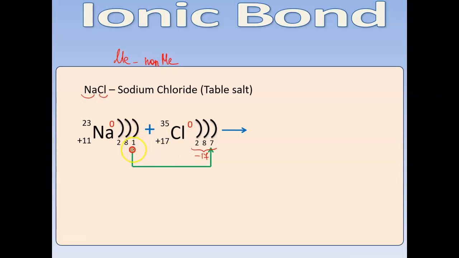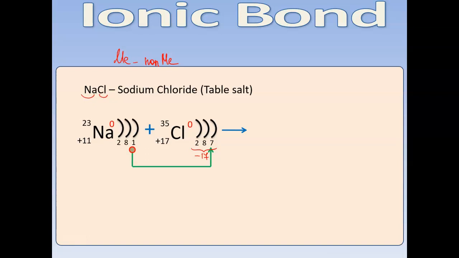And its electron goes to chlorine, because chlorine is the kind of atom that needs one electron very much. Why? Because it has 7 on its outer shell, and to become stable it needs 8, right?